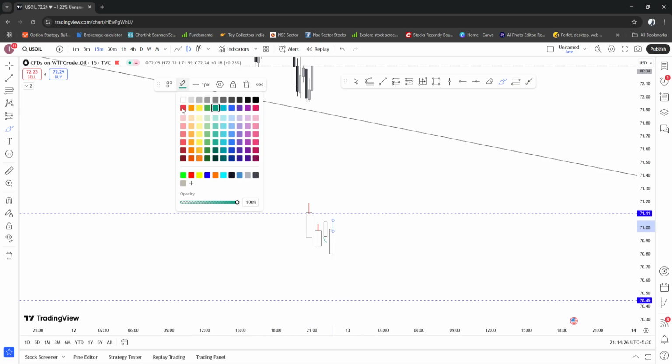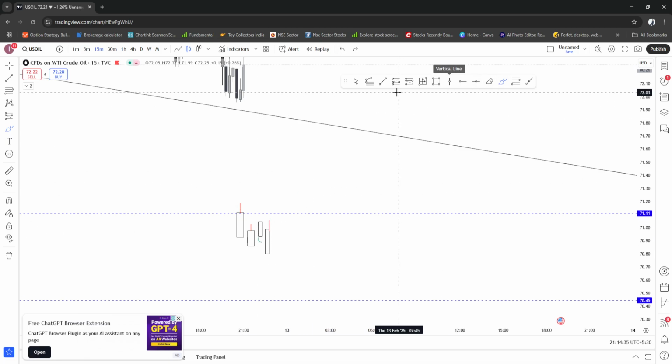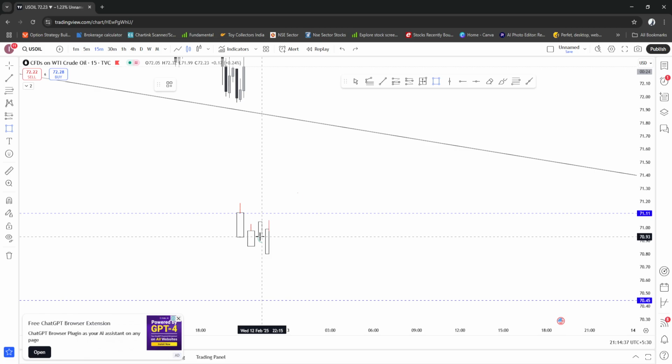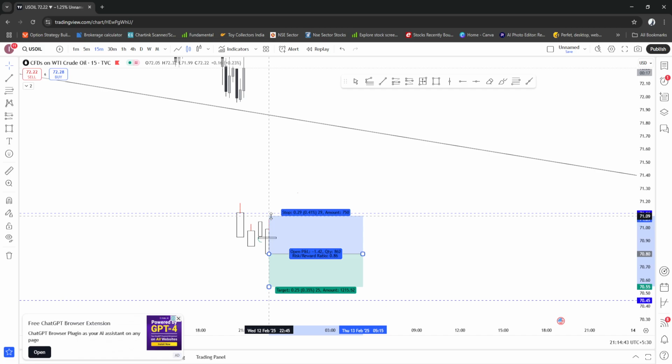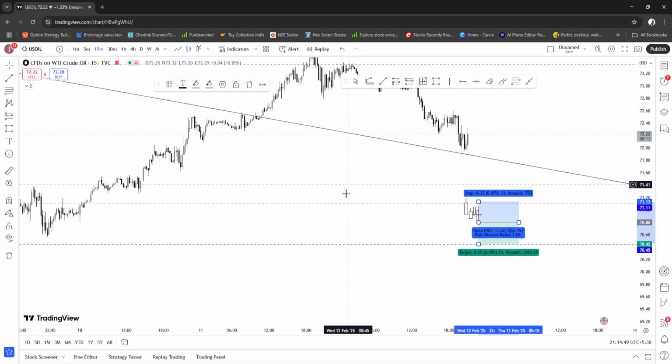A red candle should form with a wick, and it should break this low. Okay, this candle's low should be broken. Only then I will sell and keep my stop loss above this candle or above this line, and this will be my target. So this is how you're supposed to trade support and resistance, and this is how you're supposed to mark support and resistance.